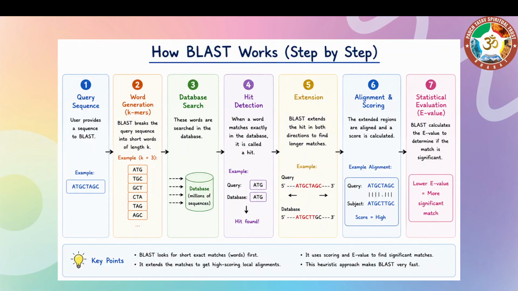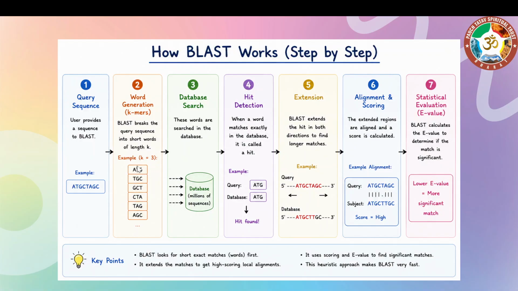Instead of checking every person carefully, you will first look for people who roughly match the description of your friend. For example, if your friend's hair color is red, you will look for those people first whose hair color is red. Similarly, BLAST first searches for these small matching words and then it does the complete alignment.